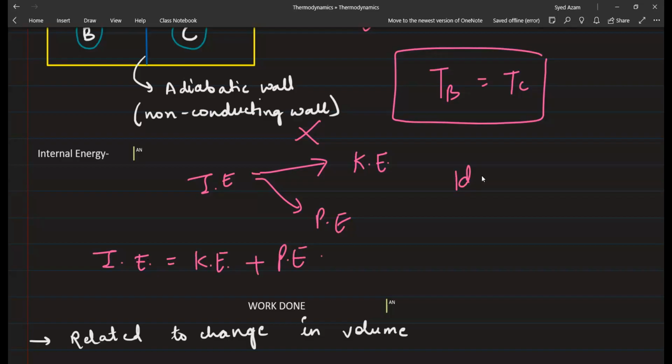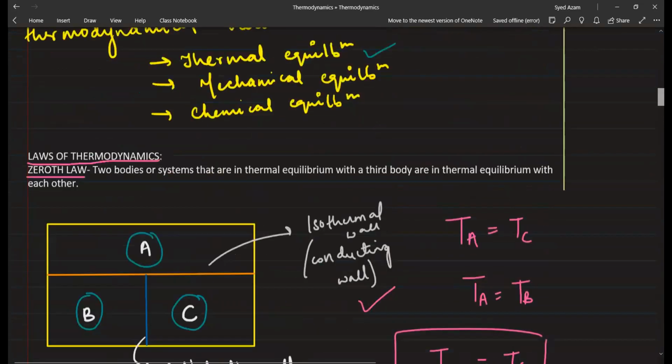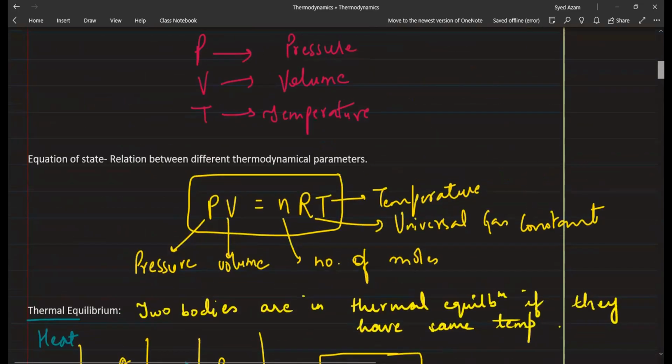But in ideal situation, we use potential energy as 0. So maximum time the internal energy becomes equal to the kinetic energy. So these are some basic points you should know for thermodynamics beginning. I'll start with work done, but write down these points first.